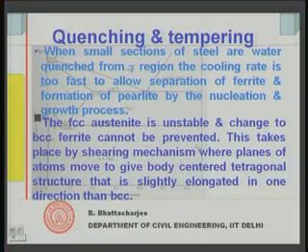So, something in between happens. Some sort of body centered formation takes place, but it takes place by a shearing mechanism, where planes of atoms move to give a body centered tetragonal structure, which is not the same as ordinary ferrite, but is elongated in one direction. So, it is not the same as the original, because now it is cooling rapidly.